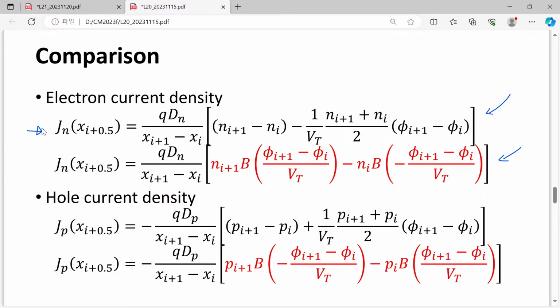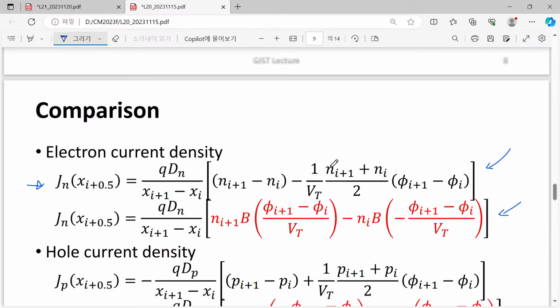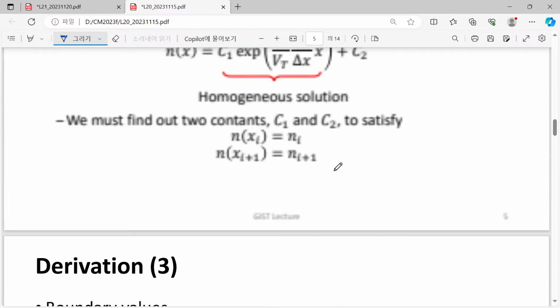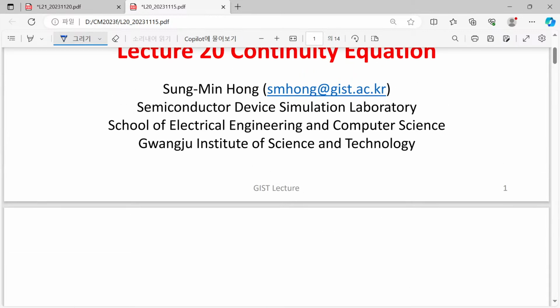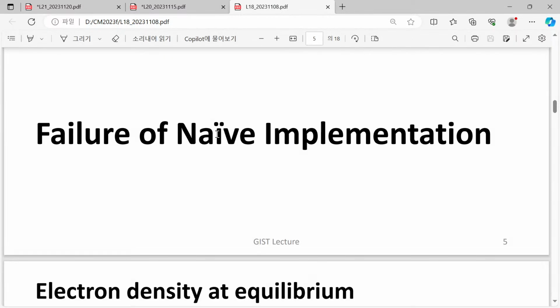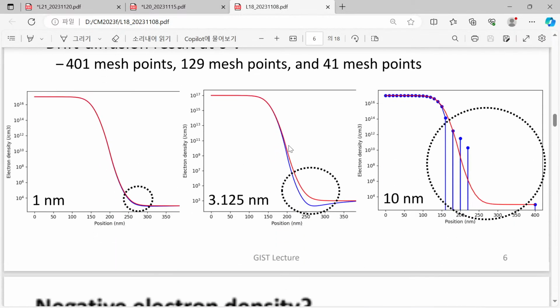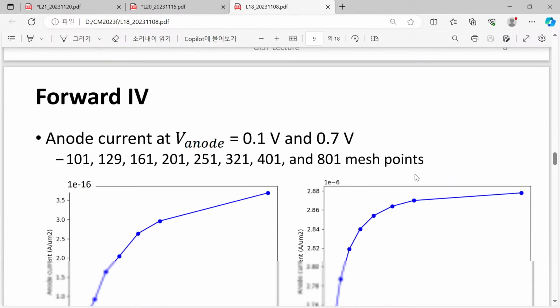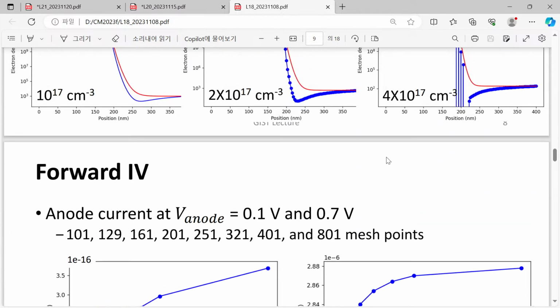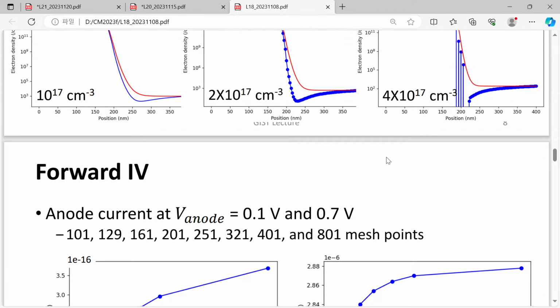Okay, so the drastic failure of our discretization shown, not in this one, but in lecture 18, I have shown the failure of the naive implementation, and you have seen those negative densities, so it was quite awful, and it was all related with this failure in predicting correct physical behavior.